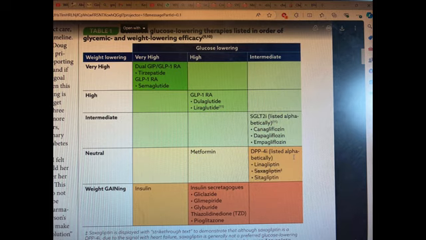So, here goes the question: why should insulin not be used for all patients with type 2 diabetes? I can put the question the other way around. Can all type 2 diabetes patients use insulin?